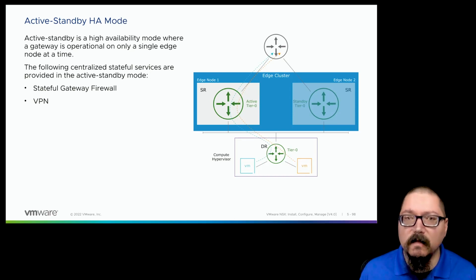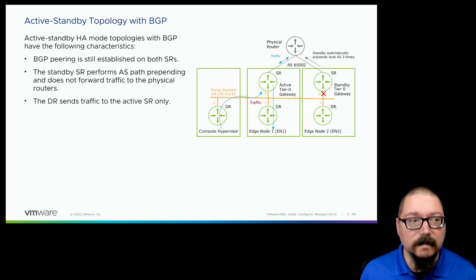This gives me stateful firewall. This gives me source and destination NAT availability. This gives me my VPN capabilities that, again, we'll talk about in services. And so this gives us an easy way to synchronize the state from those services from an active processor to a standby processor, right? The service router being the processor in this case.